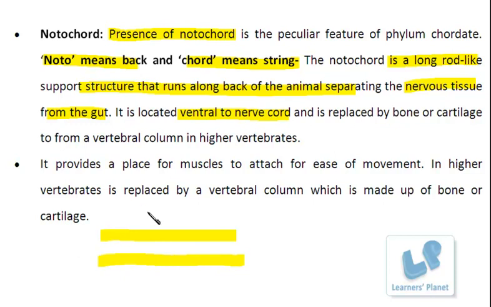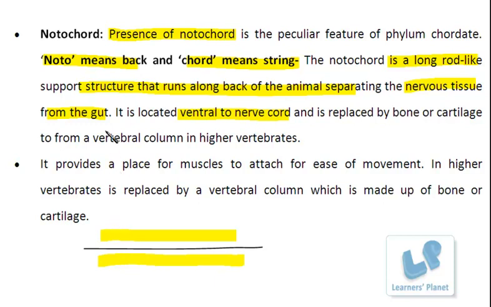So now I hope it is clear that the nerve cord is present towards the dorsal side of the body, and towards the ventral side, beneath this, there is the notochord. And then below this, there is the gut part, right? So you can see now that it is exactly present towards the dorsal side of the body.